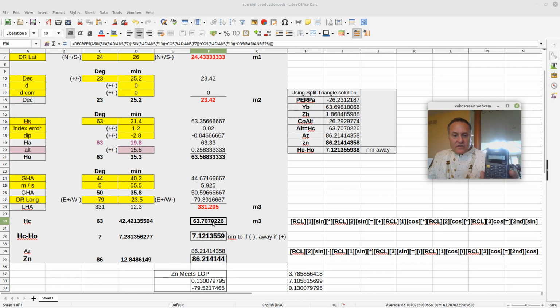And so now I'm going to use that value here, right here, to calculate the azimuth. And that'll be this value here, 86.21.